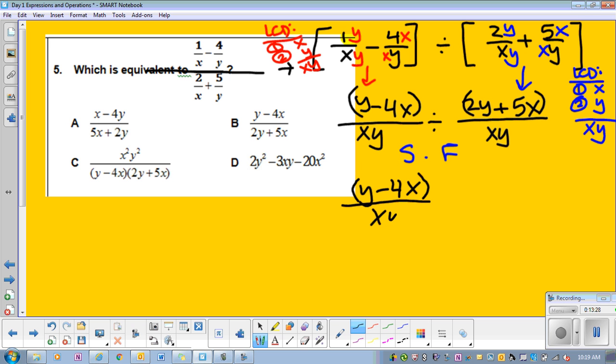All over xy times, flip the second one, xy over 2y plus 5x. What do you cross out? XY. Cross out the xy, and Abner says it's B, and I agree.